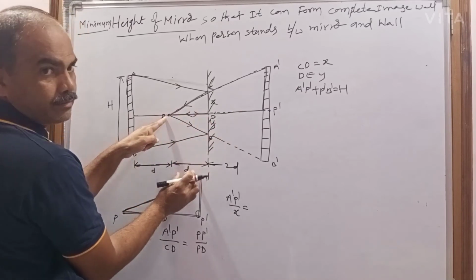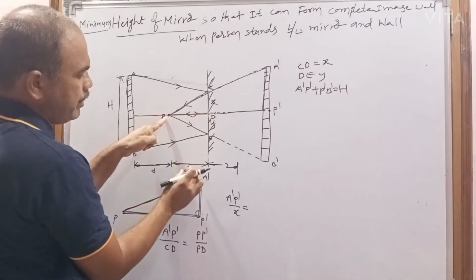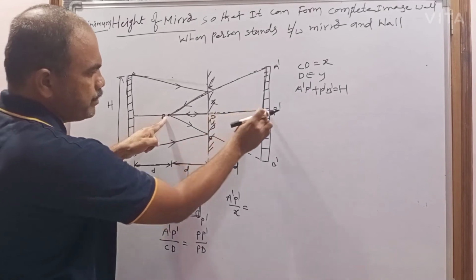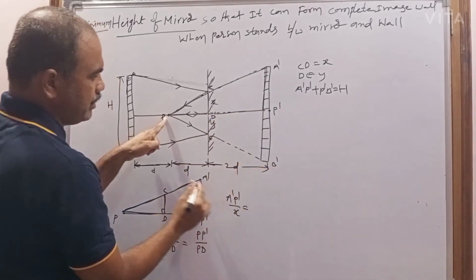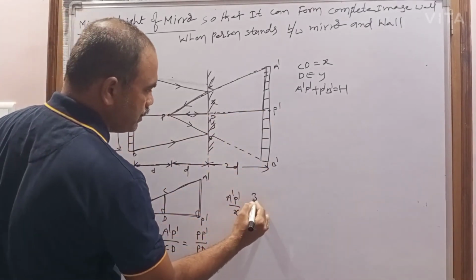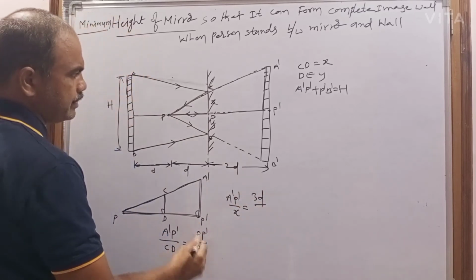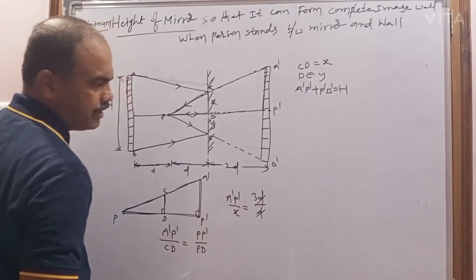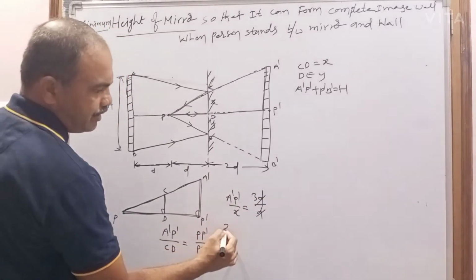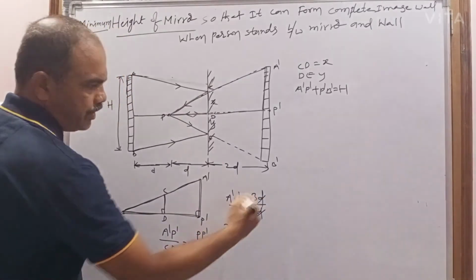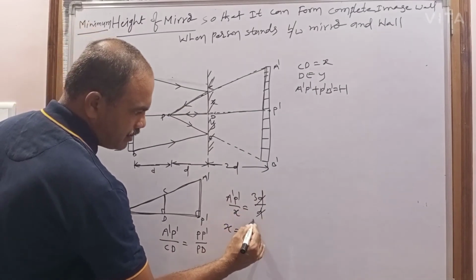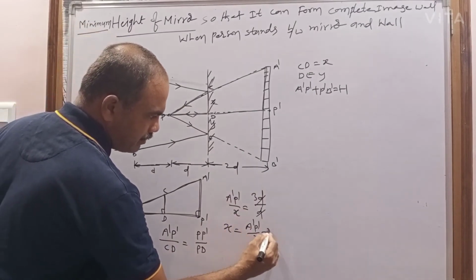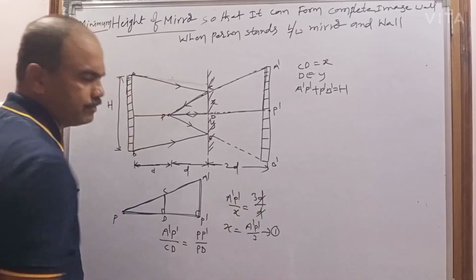It is d. But from D to P dash, what is the distance? It is 2d. So d plus 2d is 3d, divided by PD, and PD distance is nothing but d. So this d will be cancelled. When I simplify, X equals A dash P dash by 3. Let us call this equation 1.